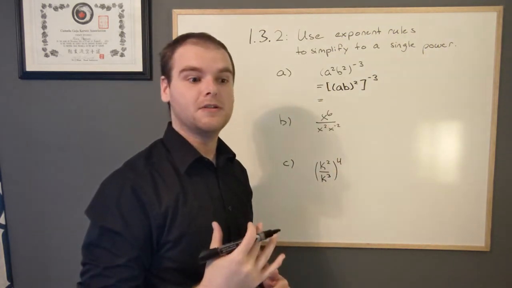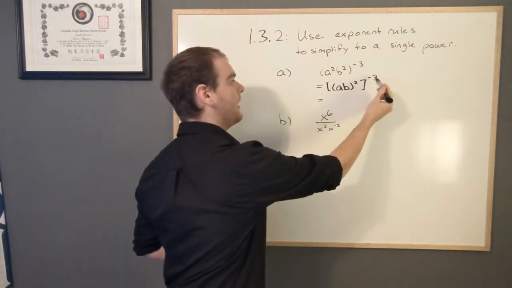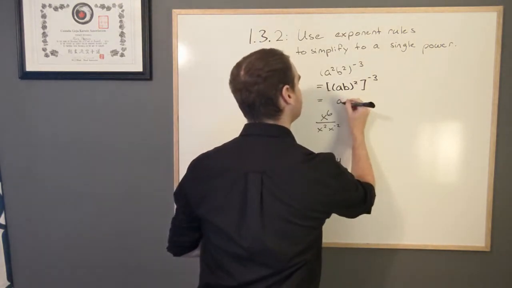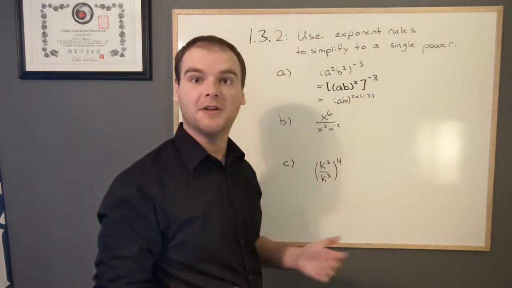And now we can use our fourth exponent rule to change these two powers into multiplying together. We can multiply those powers.